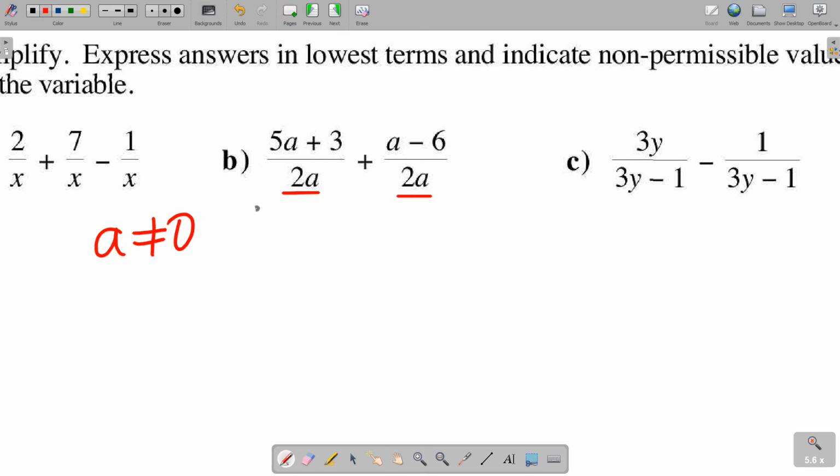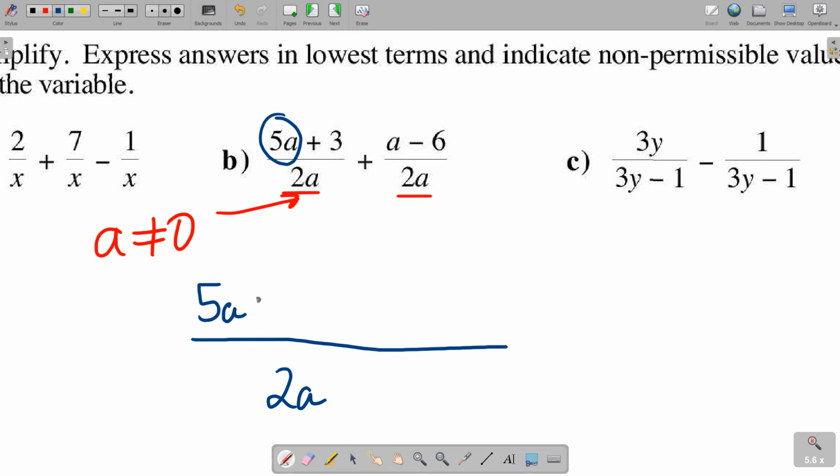That's the first statement, because if A is 0, you're dividing by 0. Can't happen. Okay, since we have the same denominators, we can proceed thusly over 2a: 5a, I'm going to add the next one, plus a, plus 3, and then minus 6.